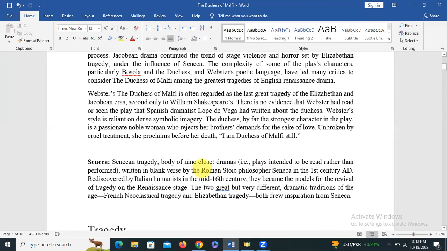These types of dramas were written in the first century, but were revived during the Renaissance stage. The two great but very different dramatic traditions of the age are French neoclassical tragedies and Elizabethan tragedies. So Elizabethan and Jacobean tragedies have got much influence from those tragedies of Seneca.